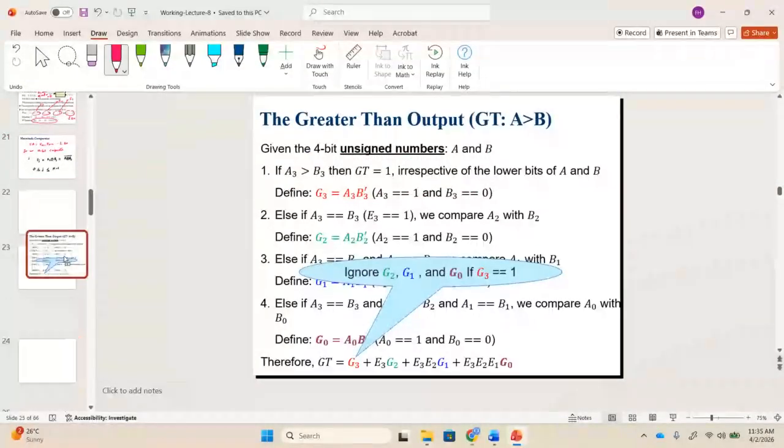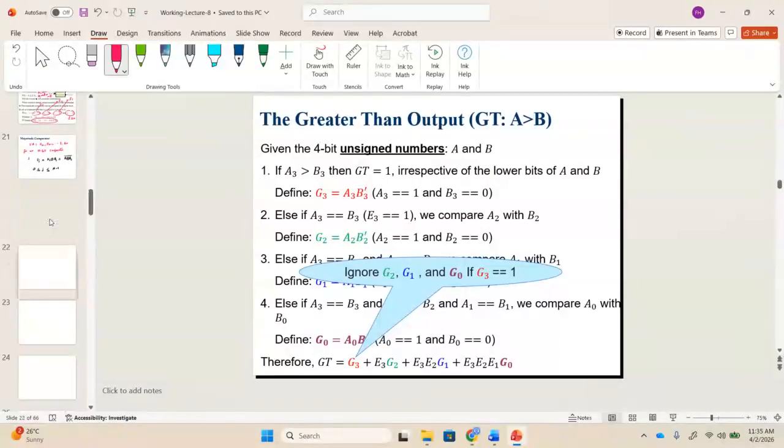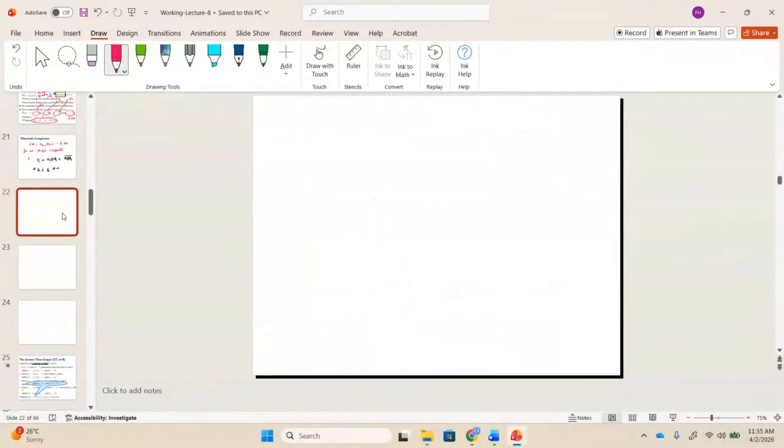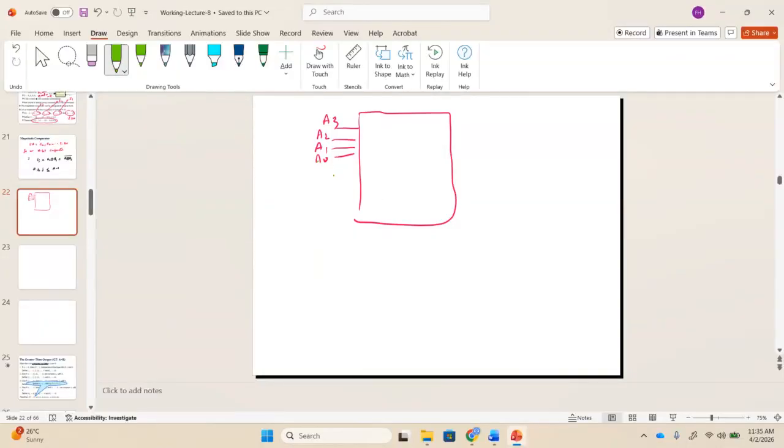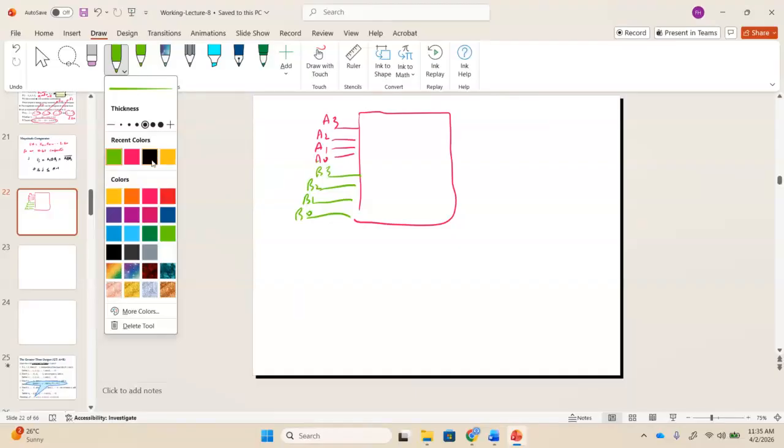Now what we are going to do, anyone may help. Now we want to design a greater operation. How can we design a greater operation? Let's assume we have a3, a2, a1, and a0, and then b3, b2, b1, and b0, and we want to design gt.